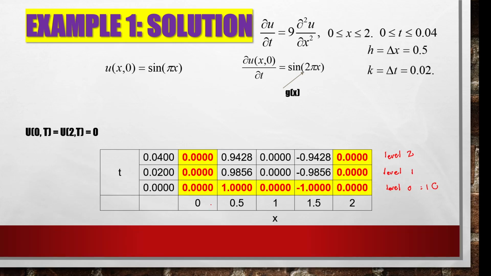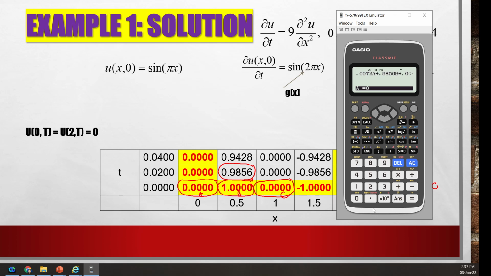Now we target here, we want to calculate this value. When you use a 2-level molecule, you will target like this. This is equal to this, so this is A, B, C.